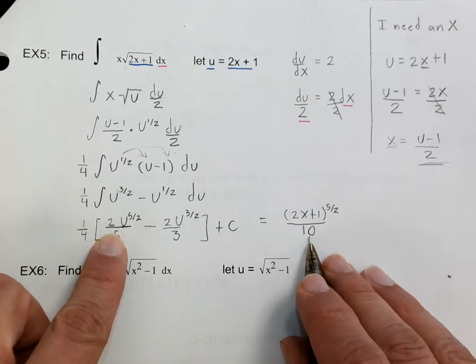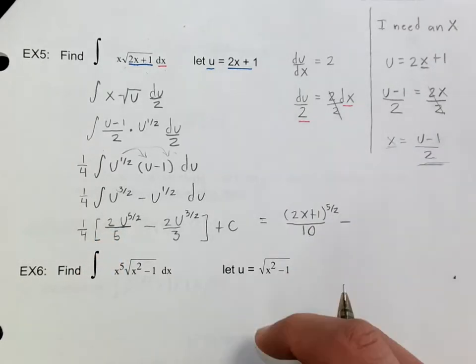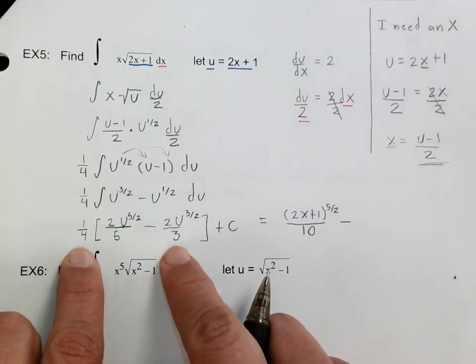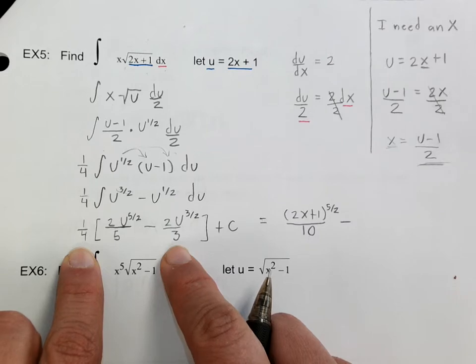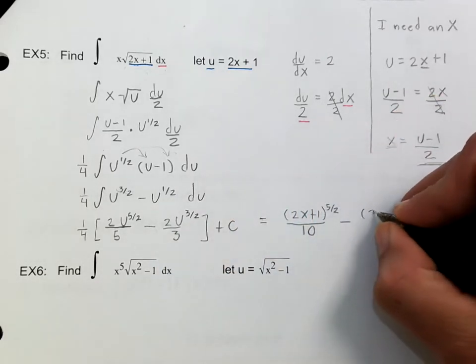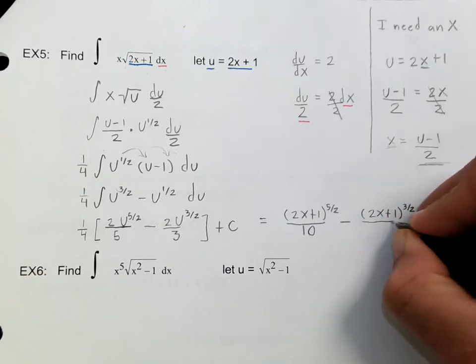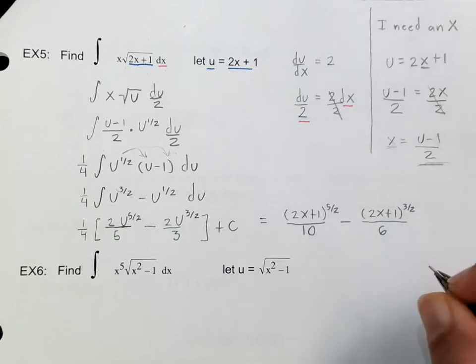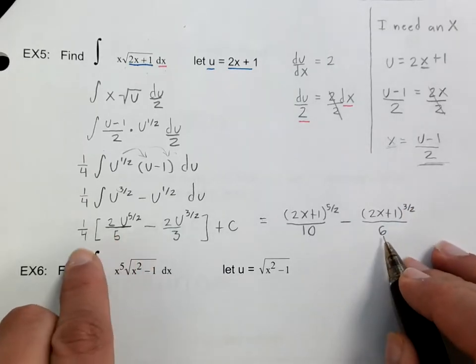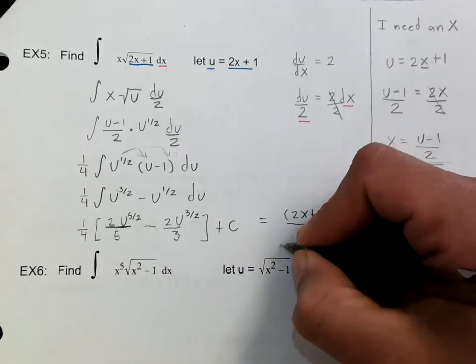Now minus, same thing, 1/4 times 2/3 is going to give me 1/6. That's where this 6 is coming from. That 6 came from multiplying 1/4 and 2/3 together, plus c.